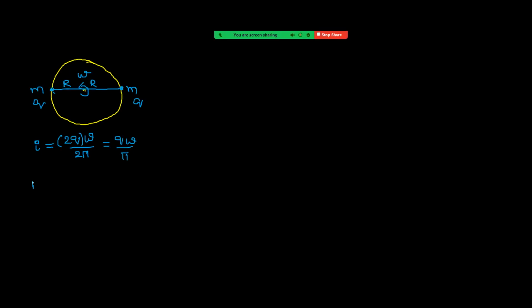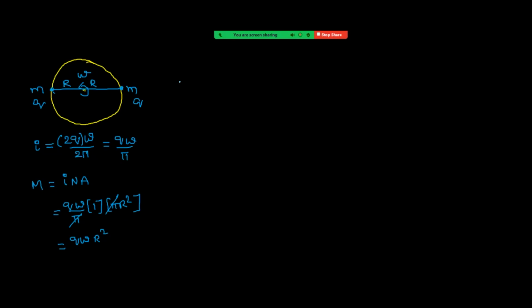Next, the magnetic dipole moment is I N A. I is q omega by pi, N is 1, and A is pi r square. So pi gets cancelled, and this is q omega r square.